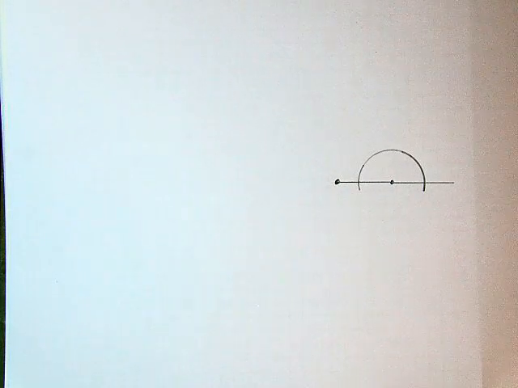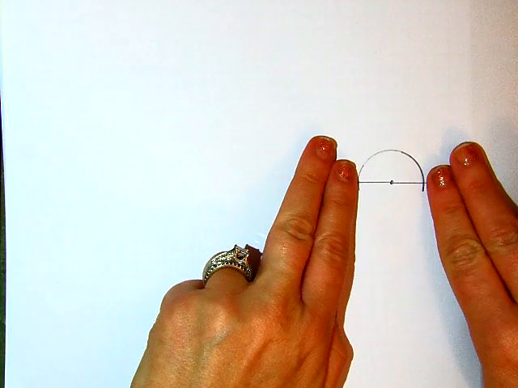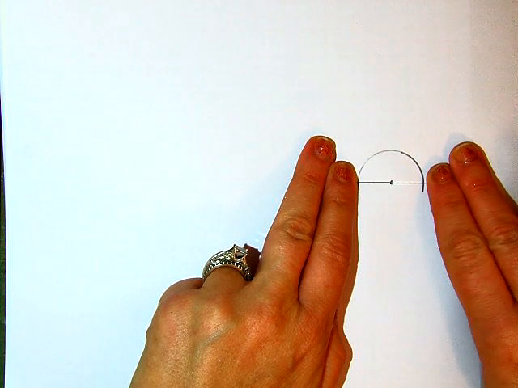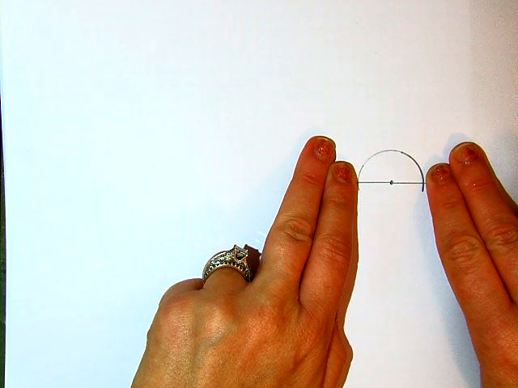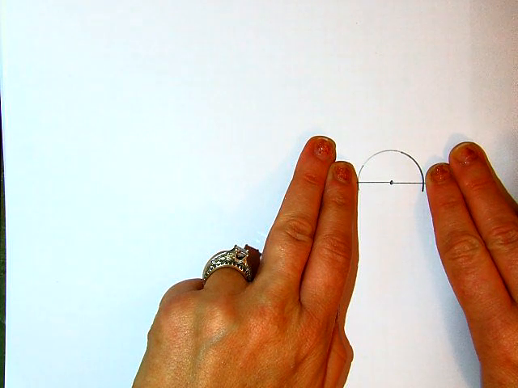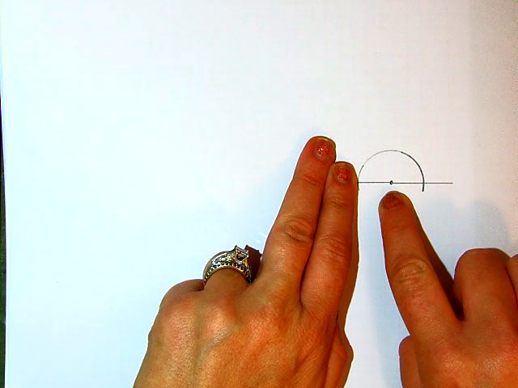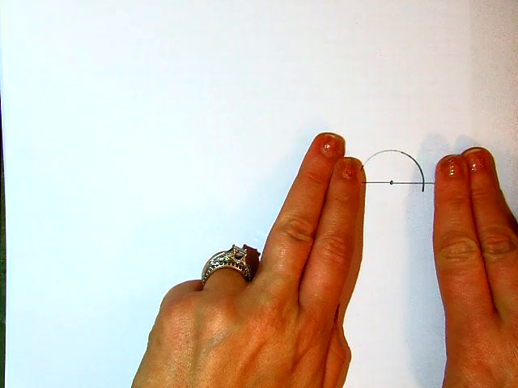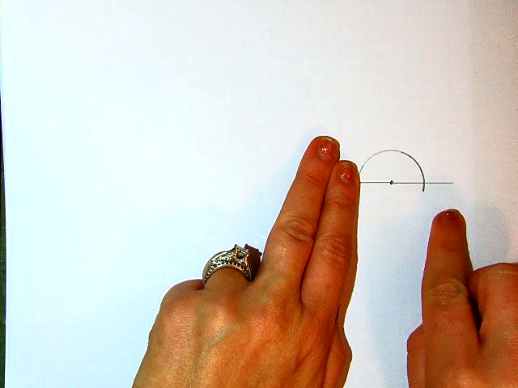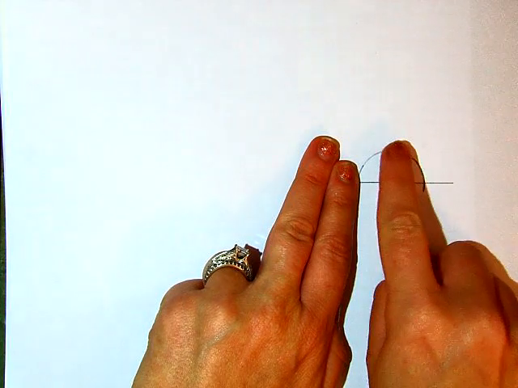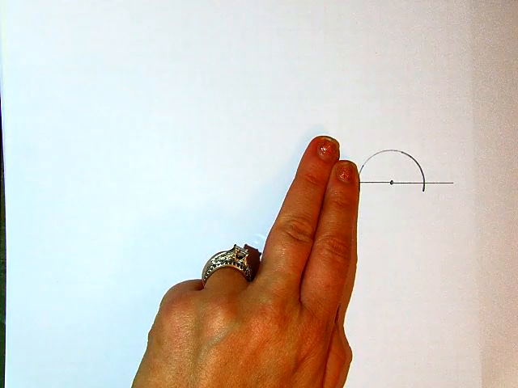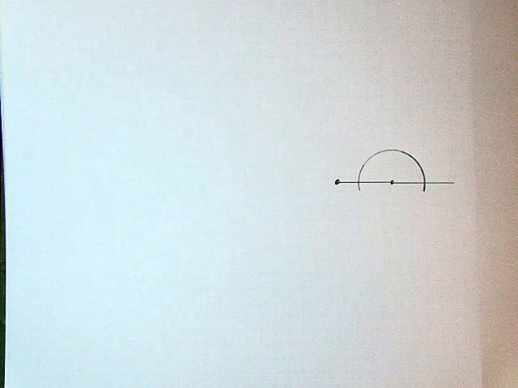What I really have to focus on now is this segment, and I'm trying to create that perpendicular bisector that slices through this point, okay? And I'm trying to bisect this segment. So I need to find where my other arcs would fall in this interior space when I open my compass a little bit wider.